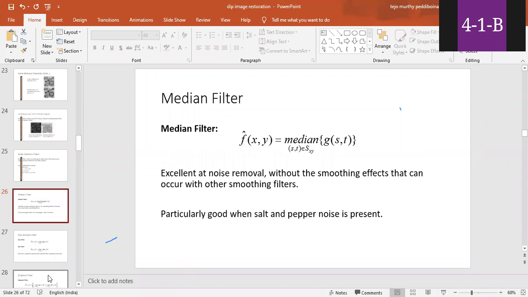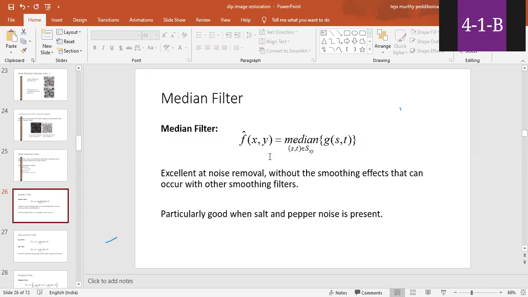The median filter is already explained, but as a formula you have to write it in the exam, so one more time I am explaining. The median filter is the same as the mean filter, but here we take the neighborhood pixel values, arrange them in ascending order, and take the median value. That is the median filter.